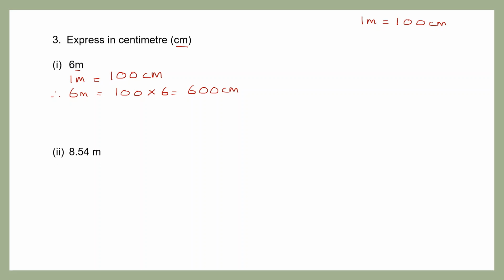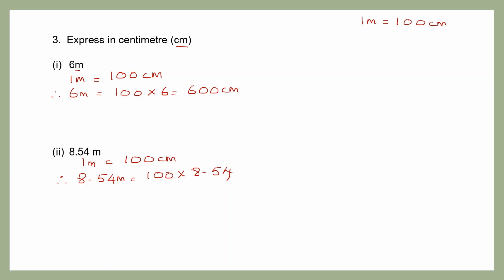Question 2. 8.54 meters converted to centimeters. So this is meters. So let me write 1 meter equals 100 centimeters. Therefore, 8.54 meters will have 100 into 8.54.